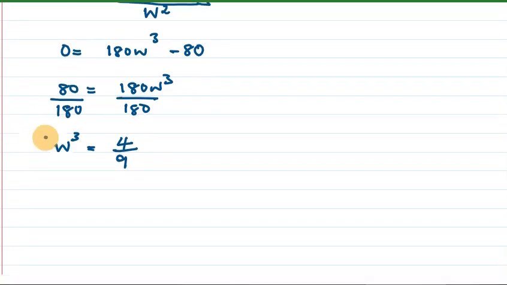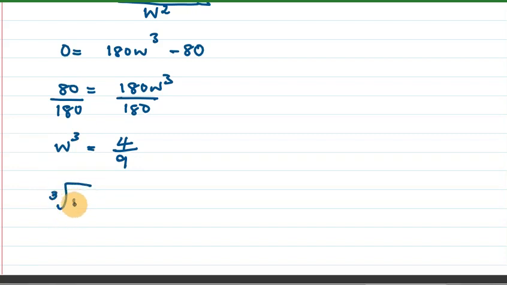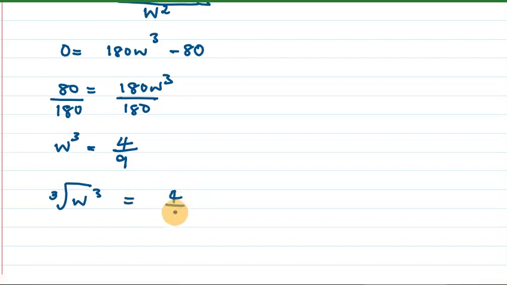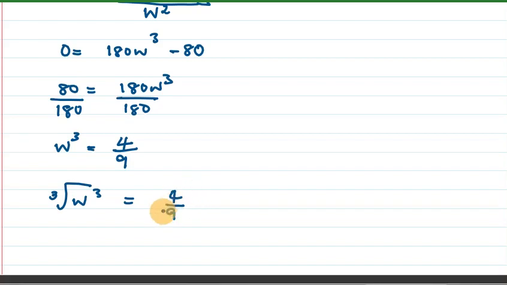I want to solve for W. So how do we solve for W? You can rationalize. It's fine. Either you just say W cubed is equal to 4 over 9, so it's a cube root of this one. This one and this one will be eliminated.